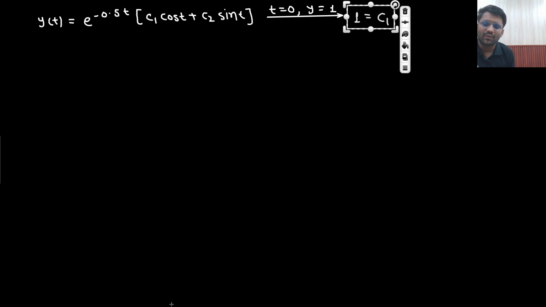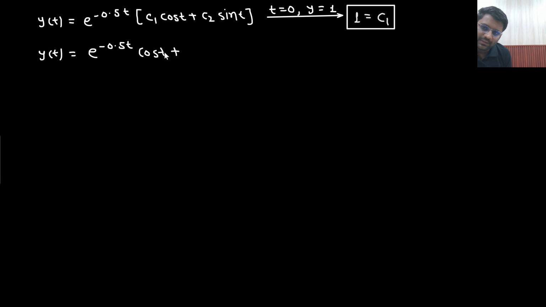You can put t equals to 0. Cos 0 is 1, this will be 0, this will become 1. So c1 into 1 multiplied with 1 will be equal to 1, so the c1 value is 1. So your y of t is coming out to be what? e to the power minus 0.5 t multiplied with 1 multiplied with cos t, plus c2 e to the power minus 0.5 t sin t.